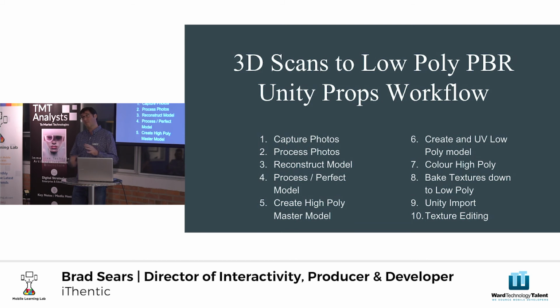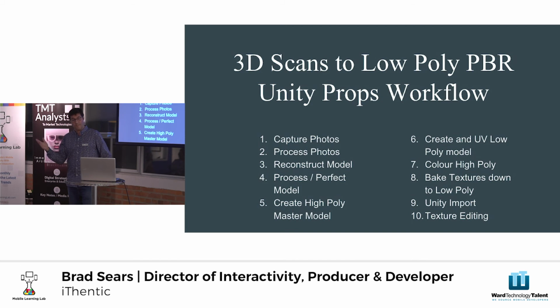Then from that high poly master, we're going to make a nice low poly model, because that's what we want in our game engines. And then we're going to color it using all the info from the photos, and we're going to bake those textures down. We're going to use the awesome model in order to make all these textures that we use on the low poly model.